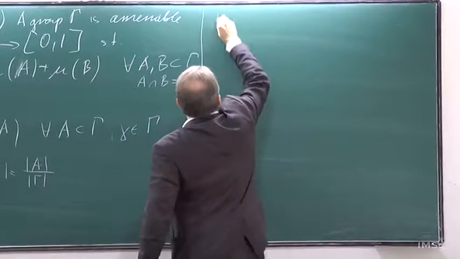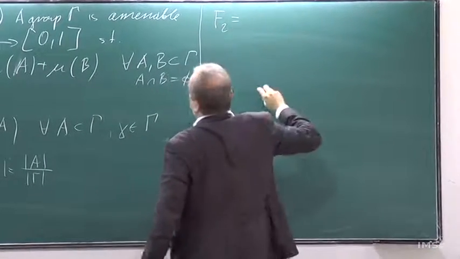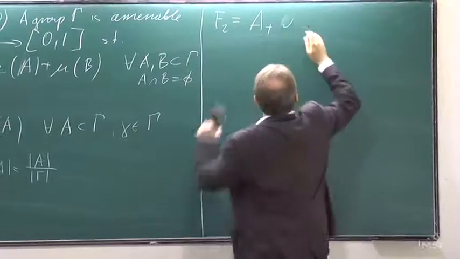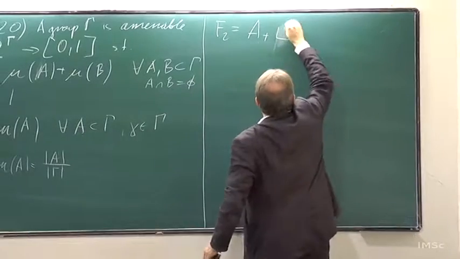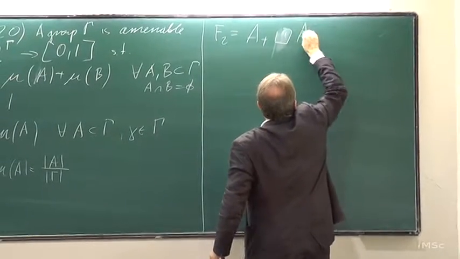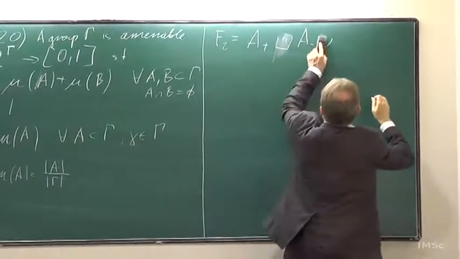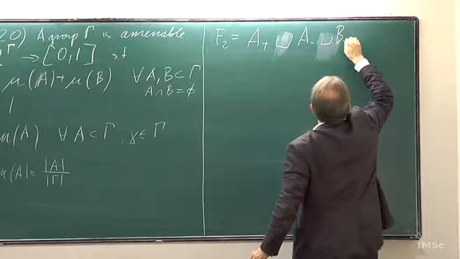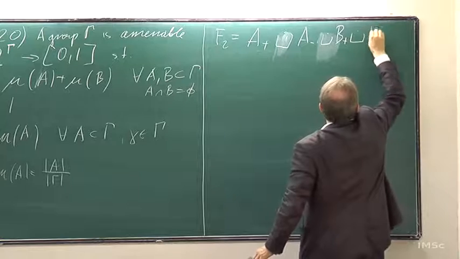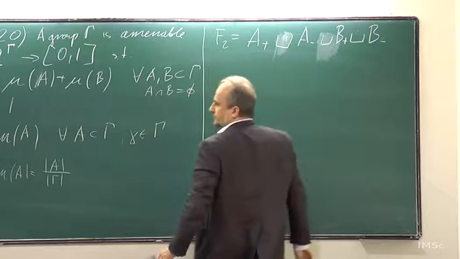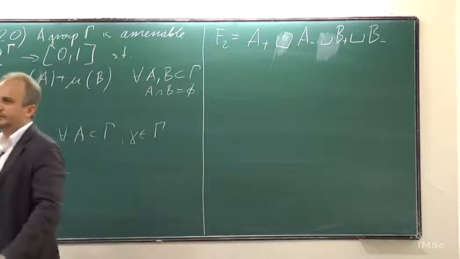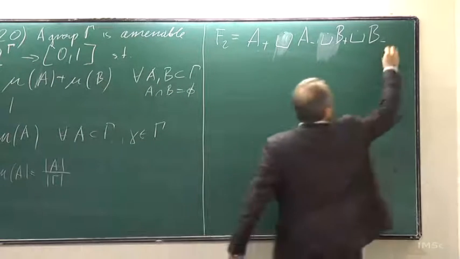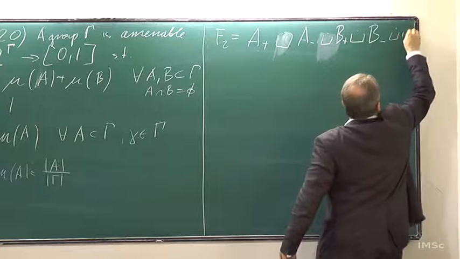So F2, elements of F2 are either words which start with A or with A inverse or B or B inverse, and there is also the empty word, which is the identity, which plays the role of the identity in this group, so plus identity.